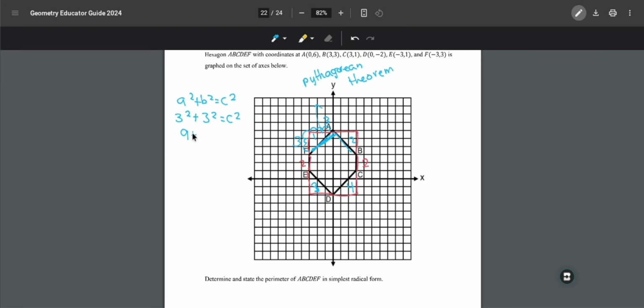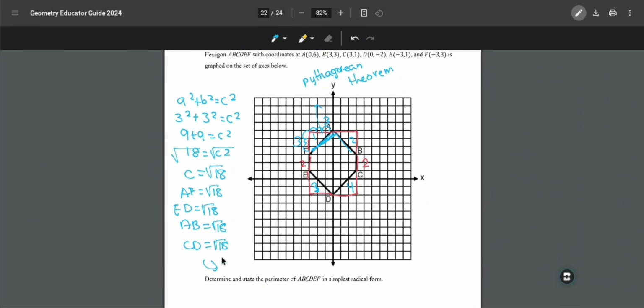So 9 plus 9 equals c squared, so 18 equals c squared, and then square root on both sides, c equals square root of 18. So the length of AF is square root of 18, but it's also the length of ED, the length of AB, and the length of CD.